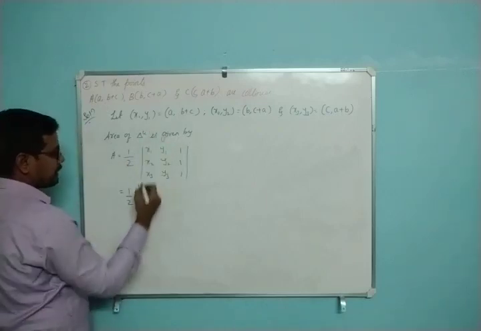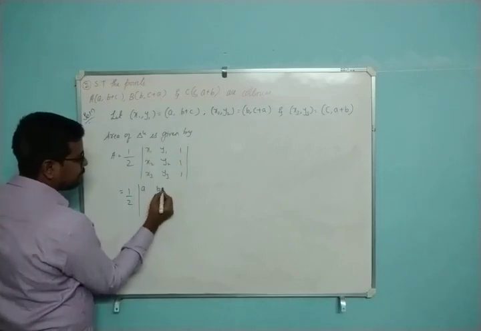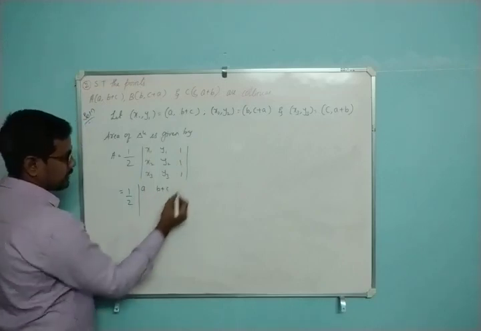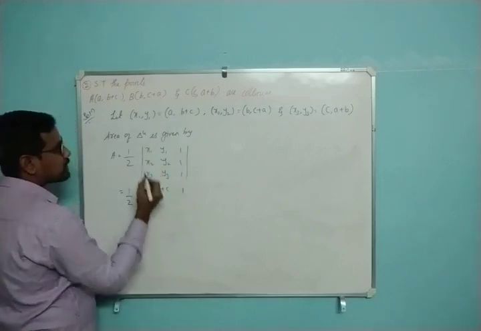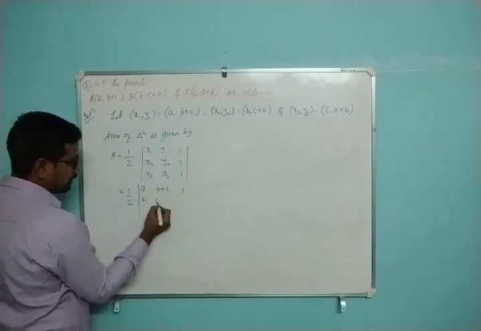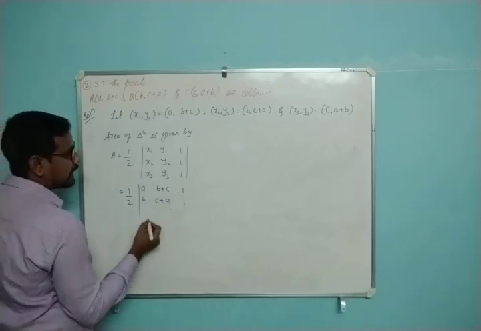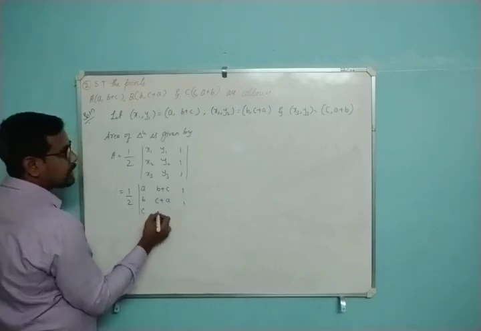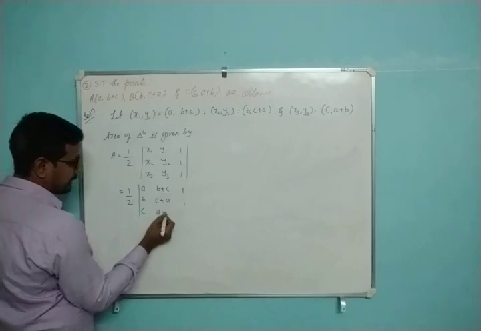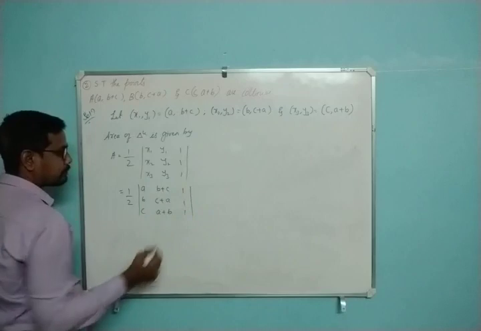What is x1? a. What is y1? b plus c. And 1 as it is. What is x2? b. What is y2? c plus a, and 1 as it is. And x3 is c, y3 is a plus b, and here 1.